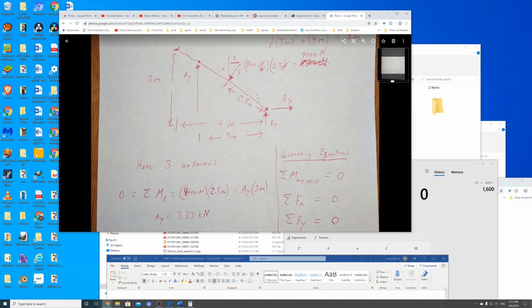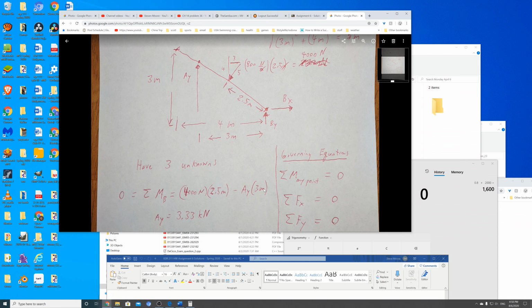The first part is that we know the distance from here to here, and this force is acting at a 90-degree angle with this, so it's perpendicular. So we can very simply multiply 2.5 times the force. It's going to be 2.5 times 4,000, which gives us the magnitude for this part, and this is going to be 10.